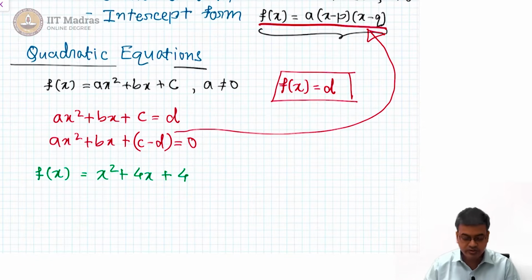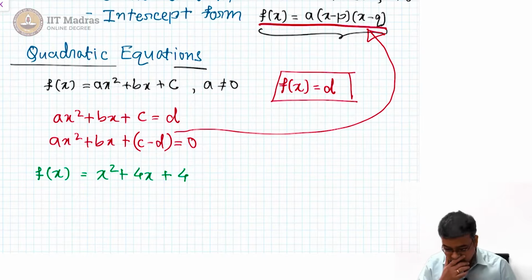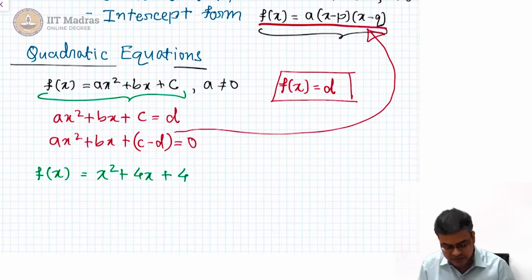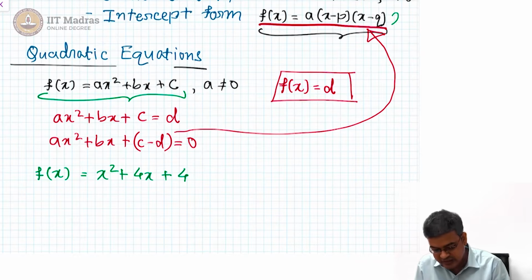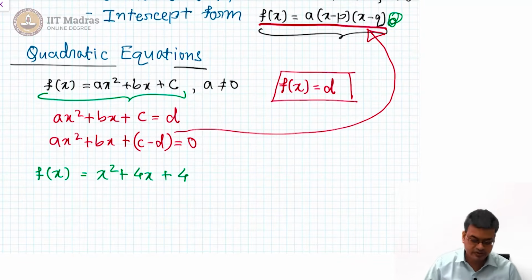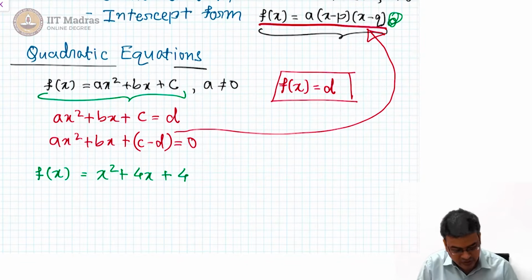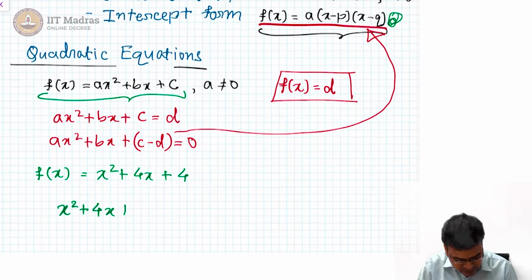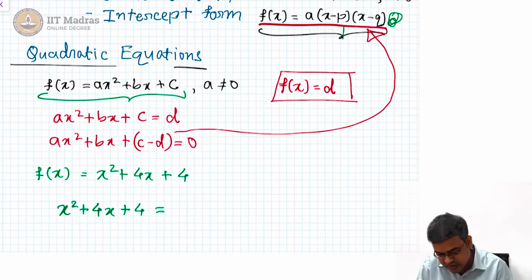What I want to do is write this in the intercept form. In order to do that, I will simply mimic this function and this function and try to equate both of them together. So x square plus 4x plus 4 is given in standard form, and I essentially want to determine the values of p and q.